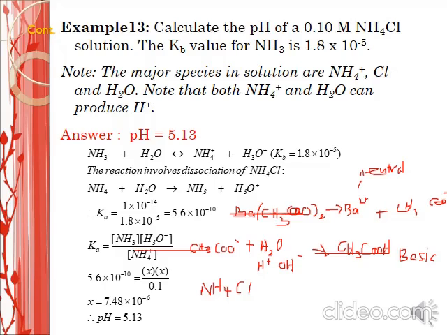Based on the expression of Ka, products over reactants, we can solve for X. X refers to H3O plus here, so you take the negative log of this H3O plus concentration, and you get pH.